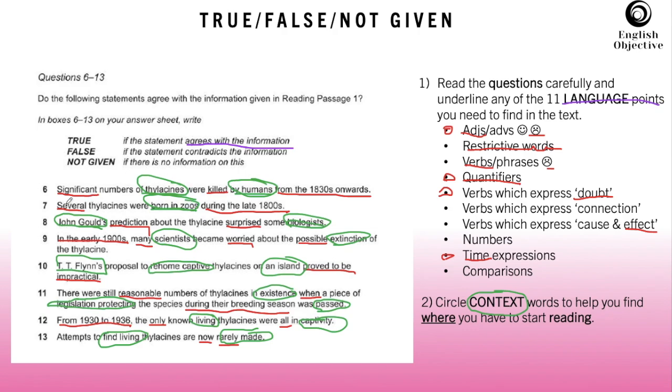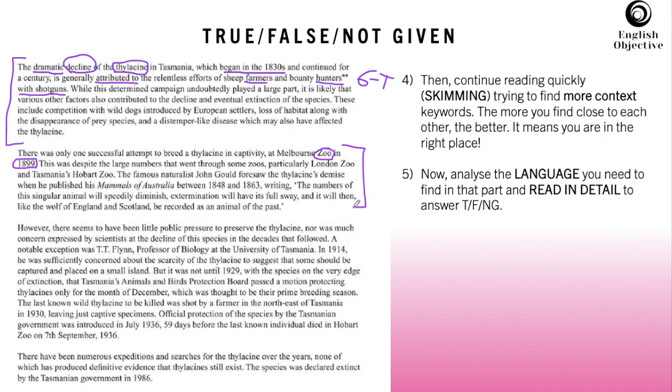Yep. So now, to find the answer, I need to read the text carefully and see if I can also find the quantifier. So I'm going to now read carefully, analyzing the language that I need. I need to find a quantifier, and then the time expression that I've already found.